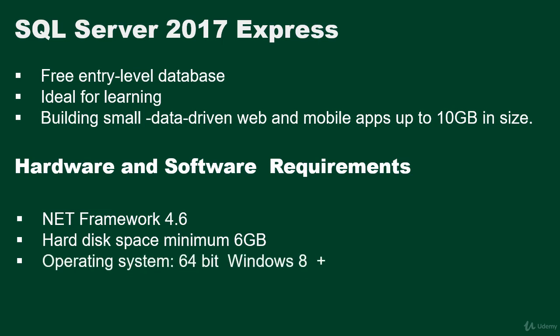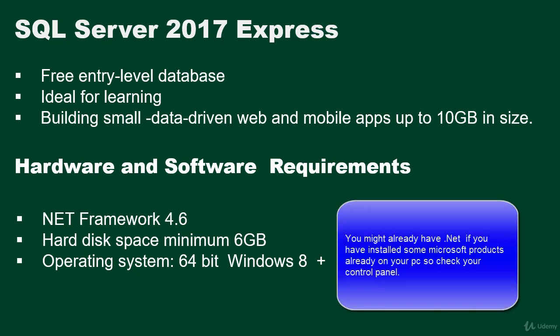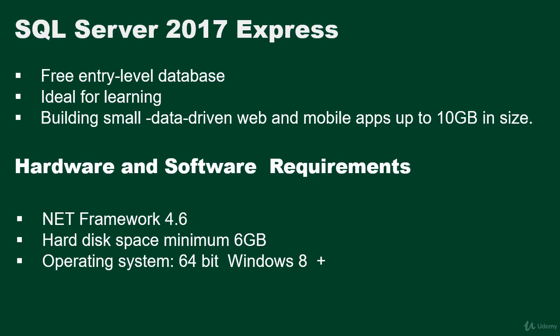Processor and operating system, you need to have a 64-bit operating system, and the operating system will be a minimum of Windows 8 and above. So you must have Windows 8 and above, and it must be 64-bit in order to install SQL Server Express 2017.